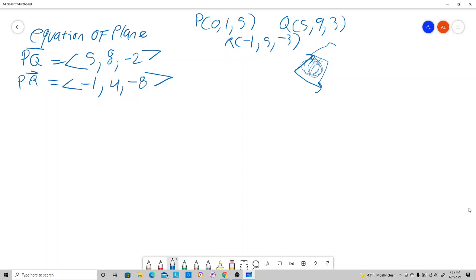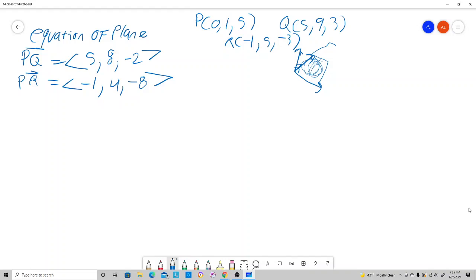If we create a vector that's orthogonal to both of the vectors, it's going to look kind of like this, and this vector is going to give the direction of both of those vectors. So aka it's giving us our slope if we create this normal vector.